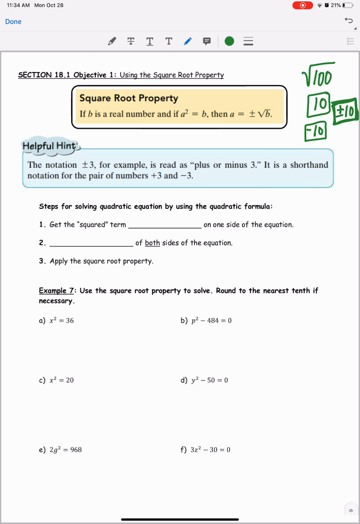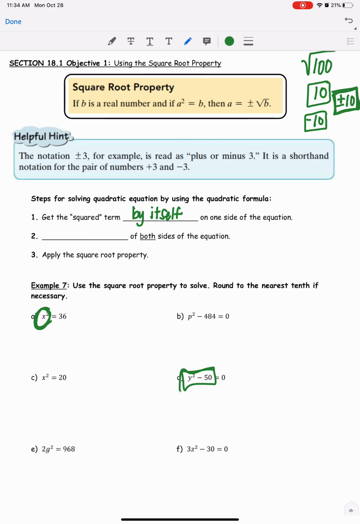So, your steps for solving this is to get the squared term by itself on one side of the equation. Like right here, that squared term is by itself. This squared term is not by itself because it's got that minus 50 with it. So get it by itself.